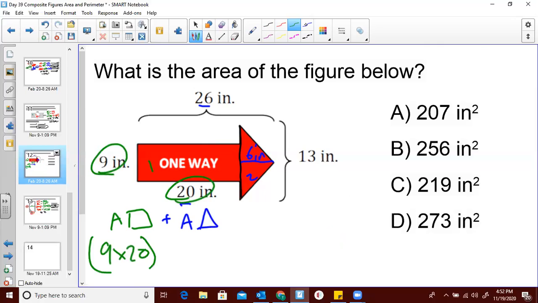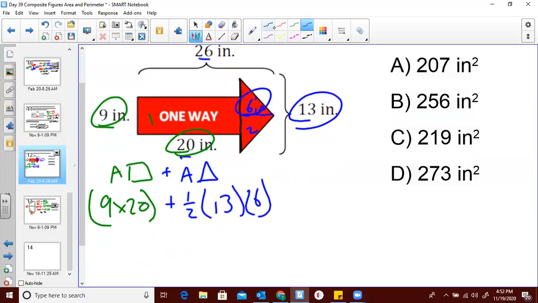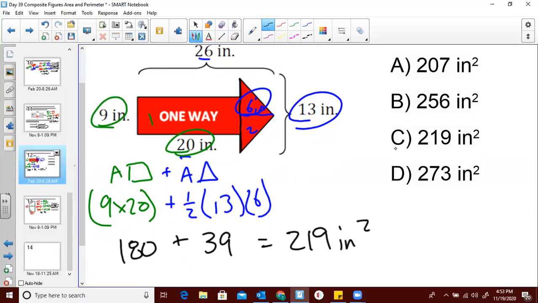And we're going to add that to our area of a triangle, which we know is 1/2 the base, which we're going to say is 13, times its height, which is 6. And when you simplify this, you get 180 plus 39, I believe. And that's just going to be 219 inches squared. So the answer is, in fact, C.